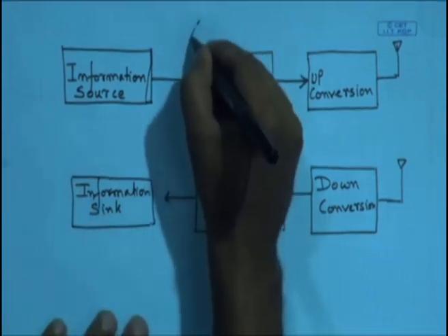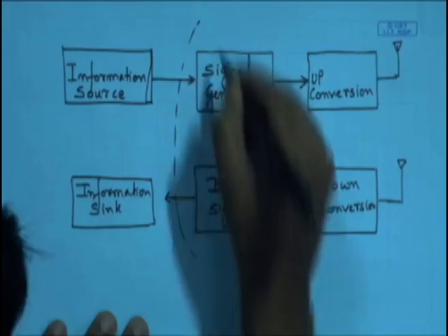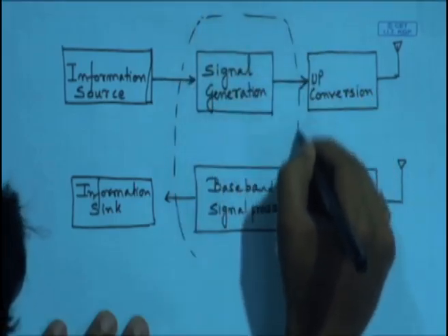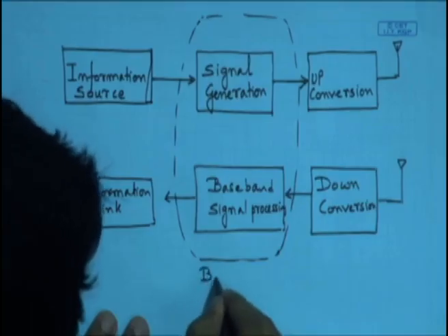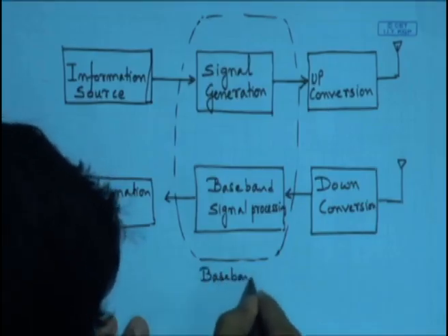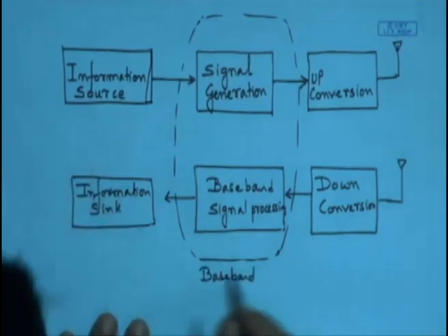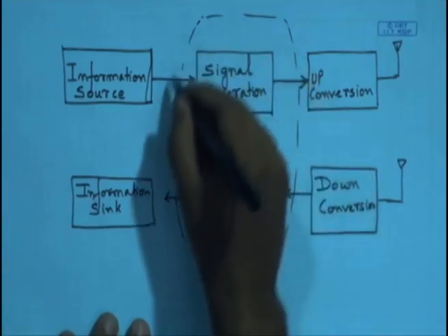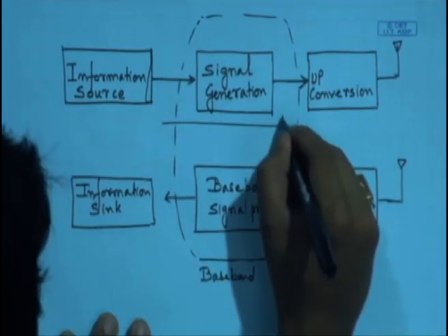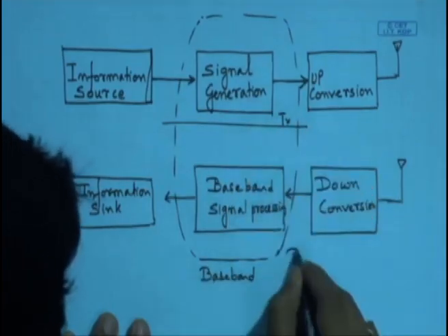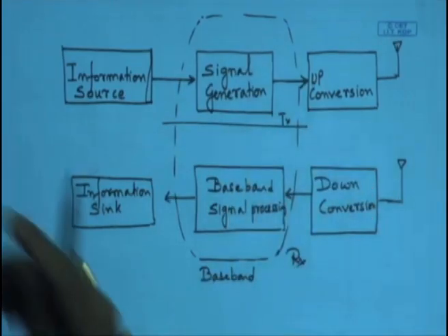What we will be concerned with in this particular course will be this part of the communication link, which is the baseband section. So, our entire discussion would be limited to the signal generation in baseband at the transmitter and the same thing at the receiver.